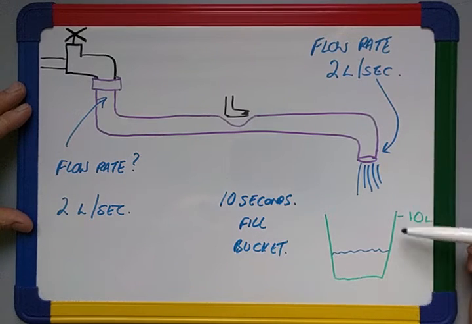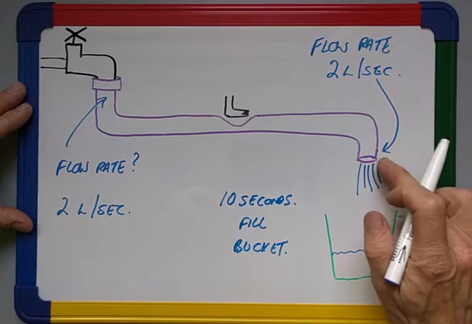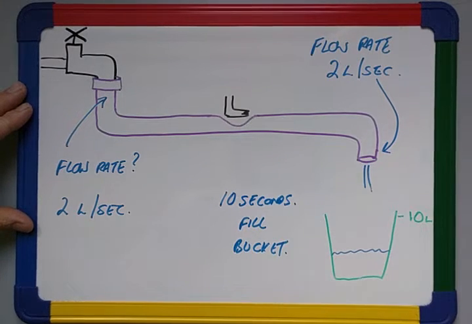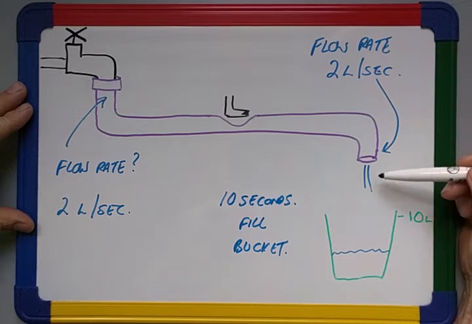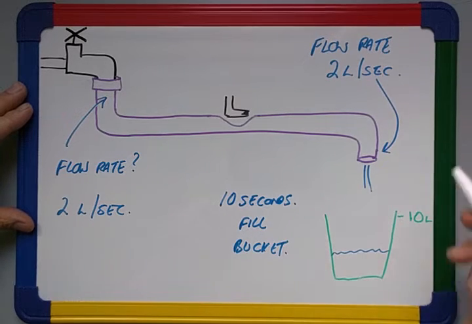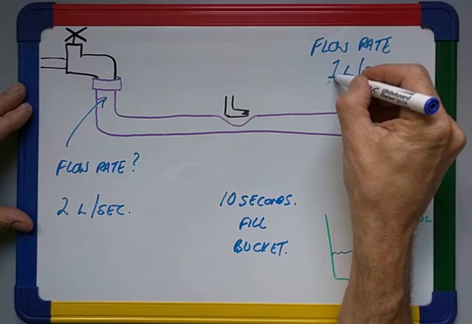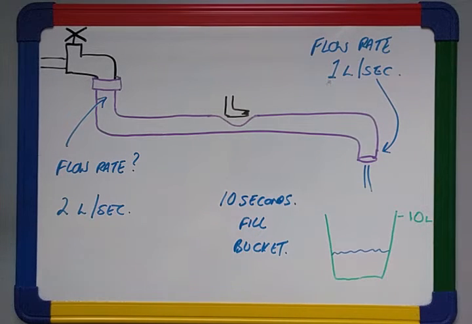So a 10-litre bucket is taking 10 seconds to fill because the flow rate here has reduced. So the flow rate out the end of the hose, 10 litres in 10 seconds, is now just 1 litre every second. 1 litre per second.